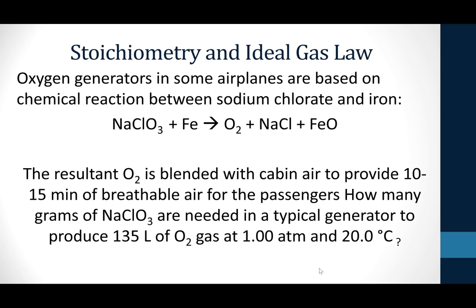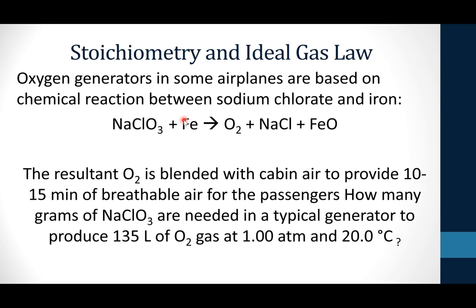So oxygen generators in some airplanes are based on the chemical reaction between sodium chlorate and iron. So sodium chlorate is probably not something you're familiar with. This right here is sodium chlorate and iron. The result is O2 is blended with cabin air to provide 10 to 15 minutes of breathable air for the passengers.